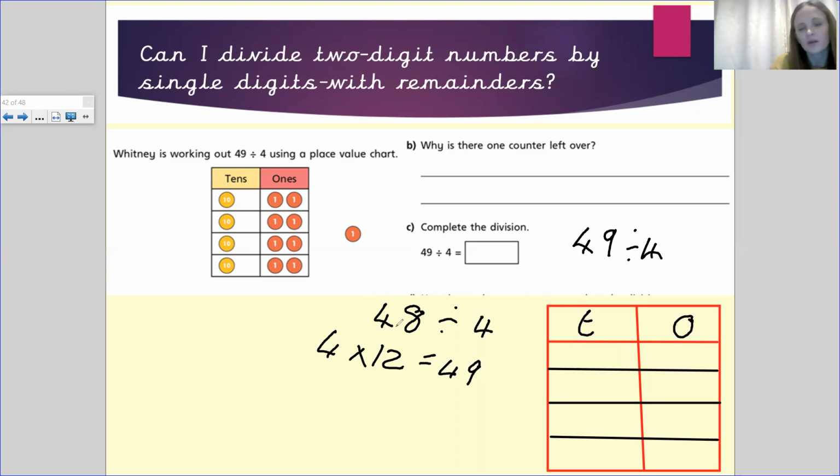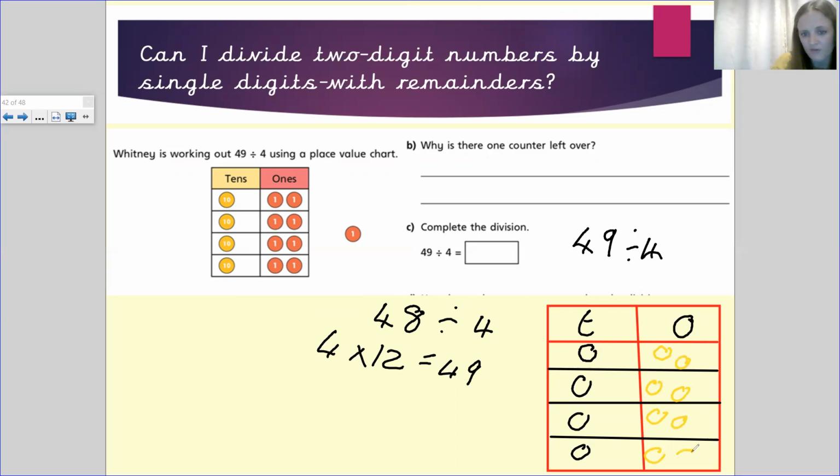So it can be broken into 4 equal groups of 12, which is going to be 1 ten in each group. And then, in yellow, it'll be 2 1s.